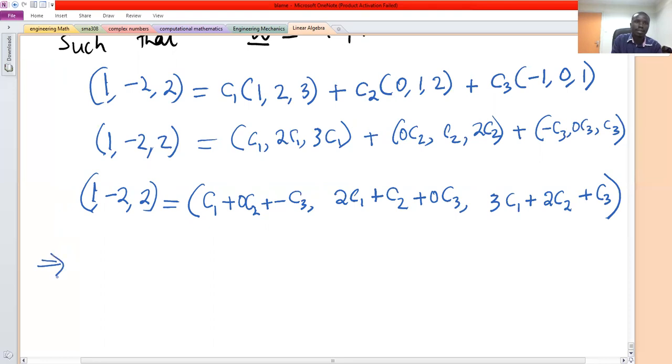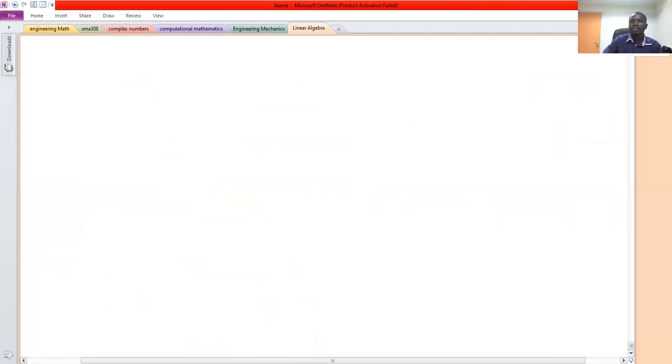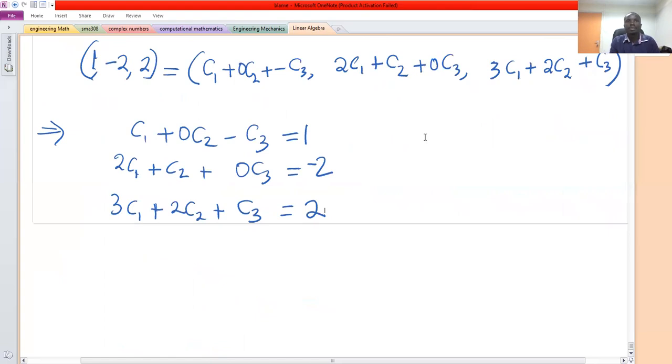So this implies C1 plus 0C2 minus C3 equals 1. 2C1 plus C2 plus 0C3 should give us minus 2. 3C1 plus 2C2 plus C3 should give us positive 2. So this is a system that we get from that vector equation.